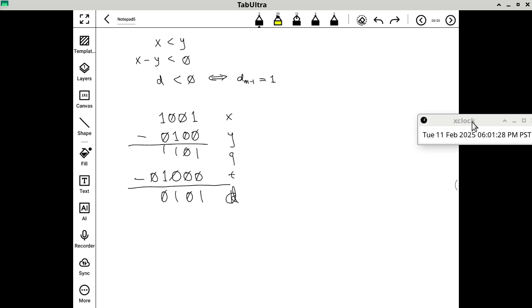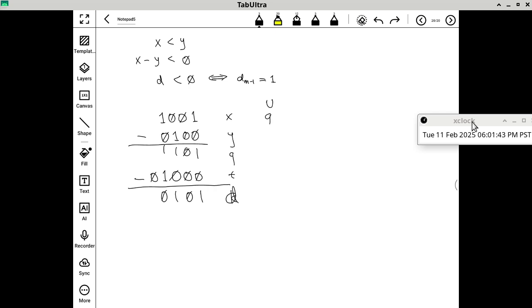All right, so we're going to take a look at both the signed and also the unsigned interpretation. The unsigned interpretation is the easier one, so we'll look at it first.